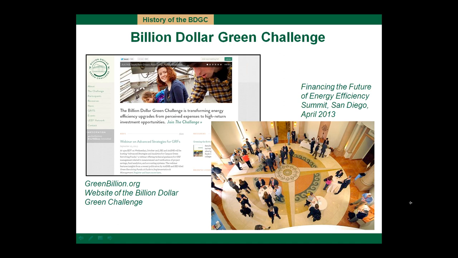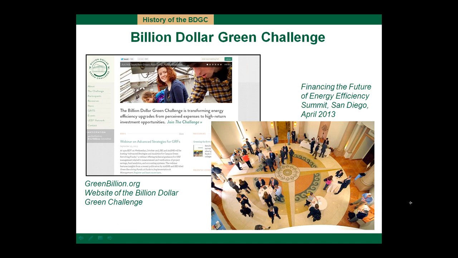And the $1 Billion Green Challenge aims to have as many colleges and universities as possible adopt green revolving funds with the goal of a combined fund size or aggregate of all of their funds of $1 billion. It's a very lofty goal, but it's something we're working to meet.